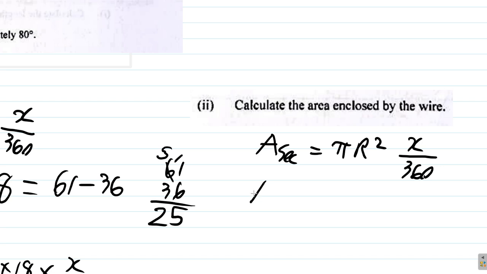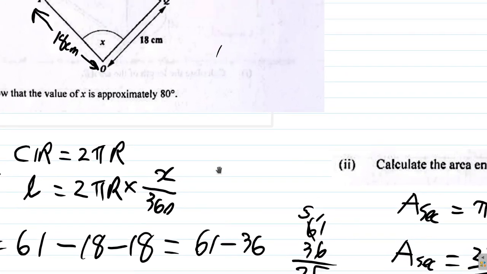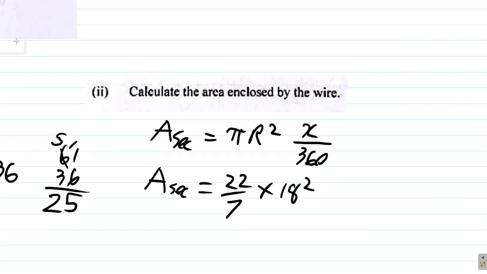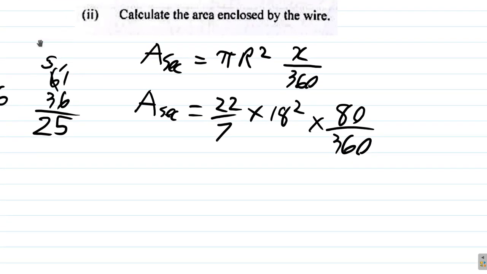So the area of the sector is equal to 22 over 7 times the radius, 18 squared, times 80 divided by 360. It is approximately 80, so let's use the 80.